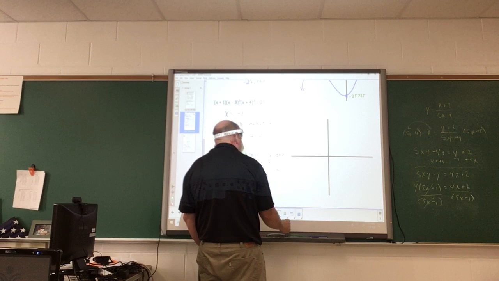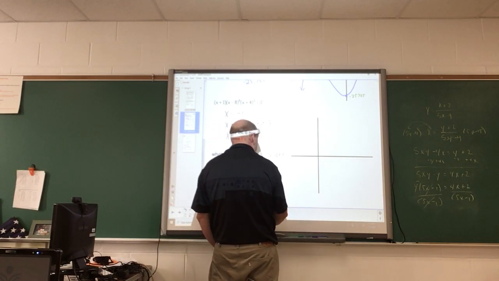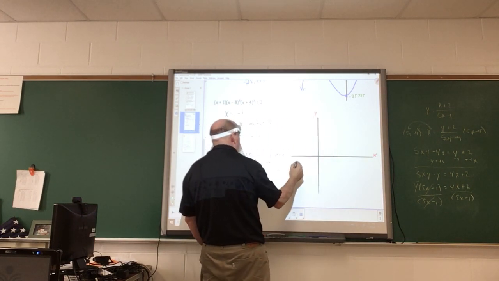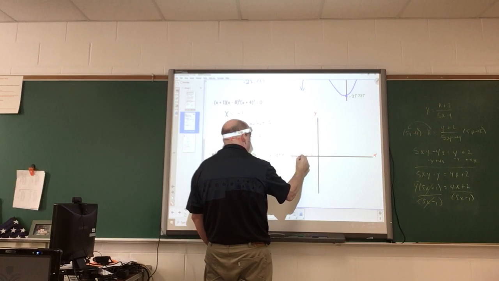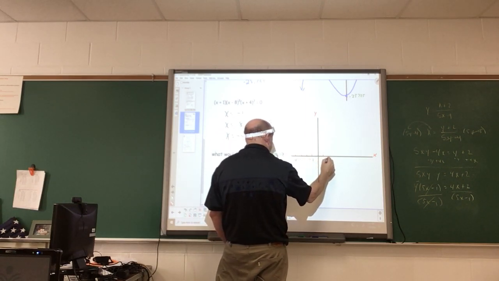And then once again, a possible graph. Make sure you label your axes. We have -1 and 8, -4 and 8.